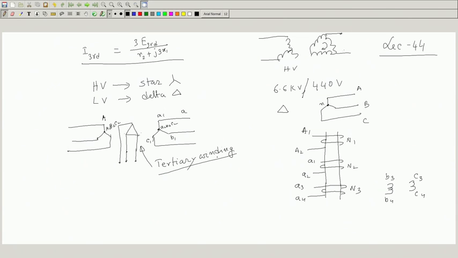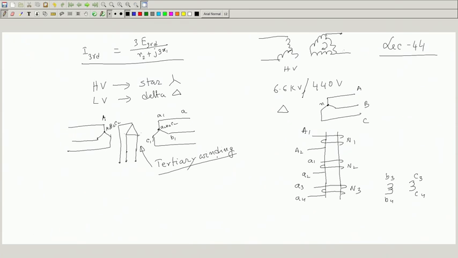Suppose some people use primary star, main secondary star, and also here, whatever voltage you get, you supply another 3 phase load. That is with 2 secondaries then, but sometimes no load is connected. It is merely present because it provides the flow of the third harmonic magnetizing current in this winding.